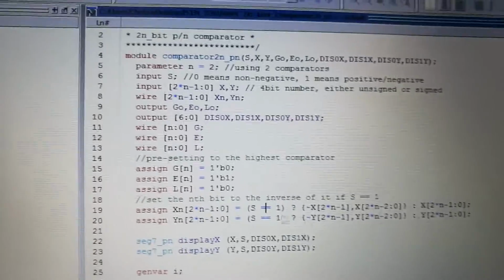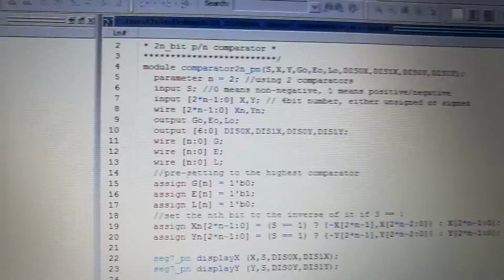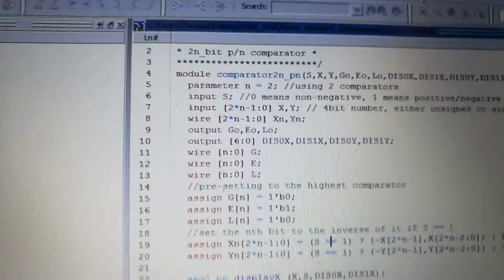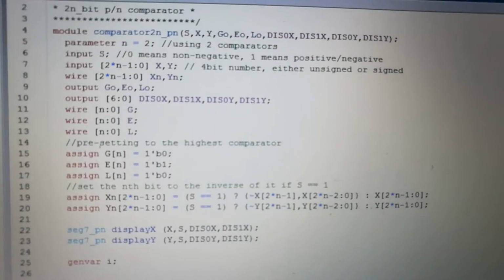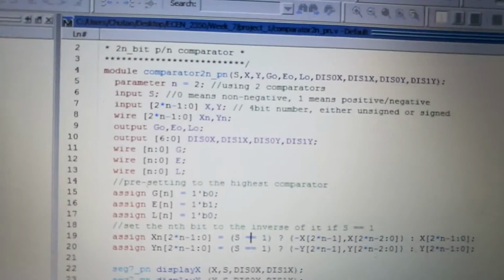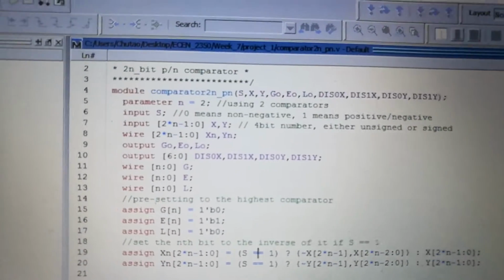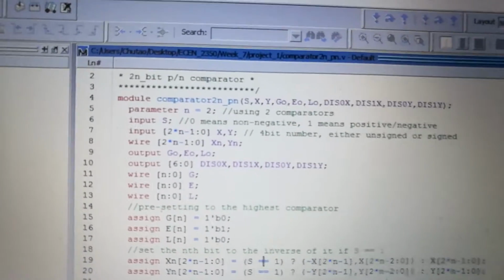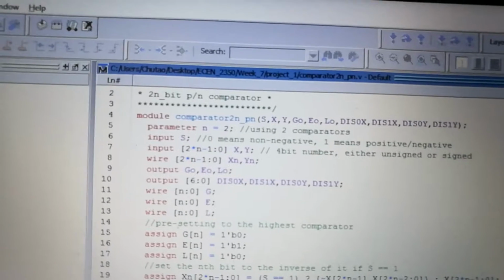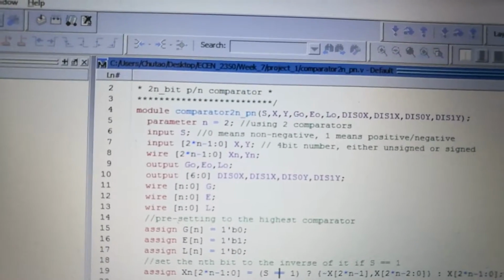Another thing I want to mention is that in order to compare signed numbers, you will have to make the highest bit of your number the inverse of itself. So let's say you have 1000.